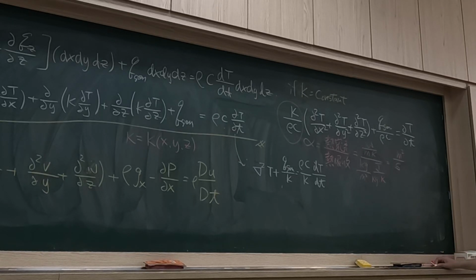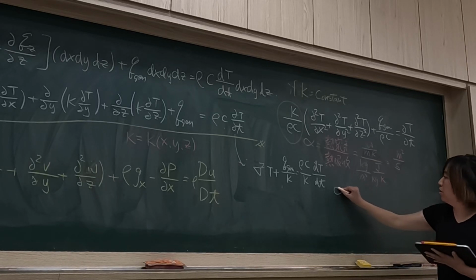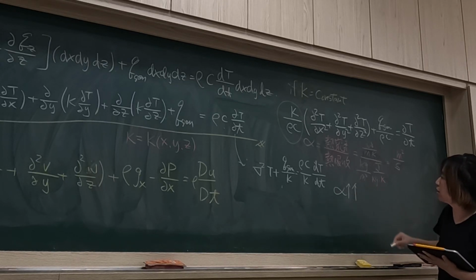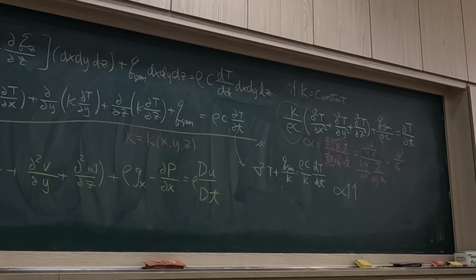Okay, so let's have some discussion. What does it mean if the alpha is extremely big? Which means the system is at a steady state. So all the heat is going to propagate. Doesn't matter.